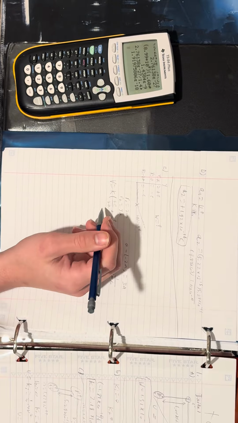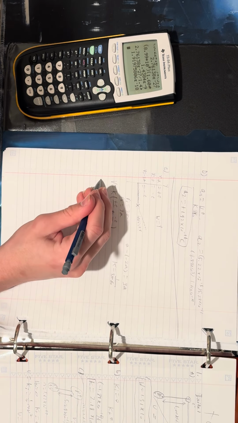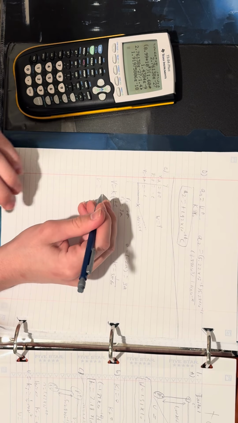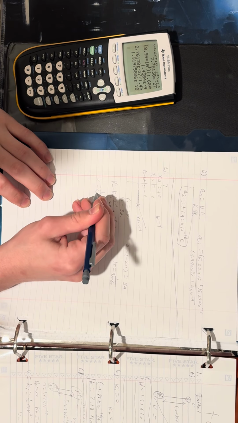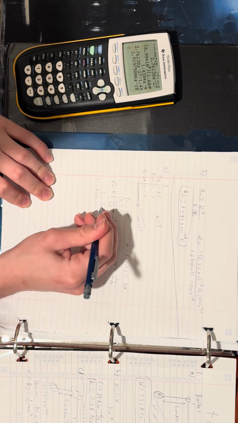I'm going to now factor out the e and the a, just because it's going to make it easier for me. So I'm going to write V equals 1 over 4 pi epsilon 0, and factor out the e and the a.